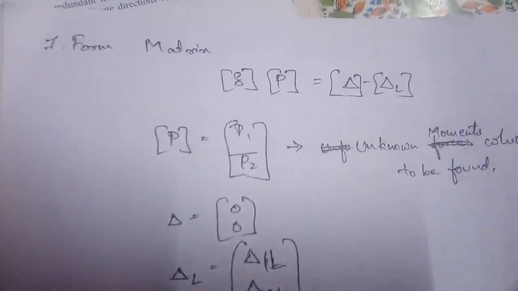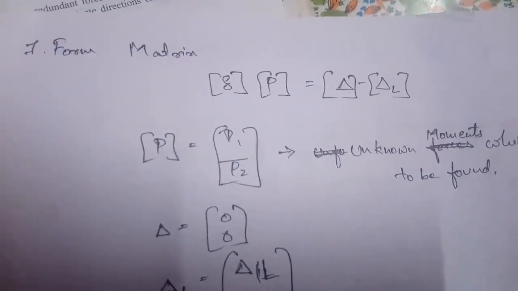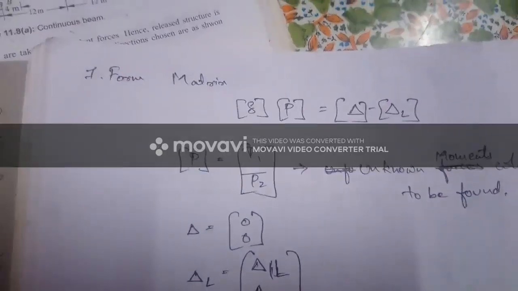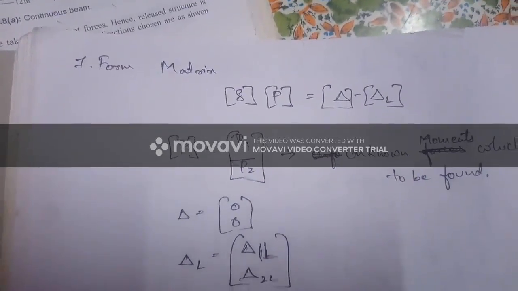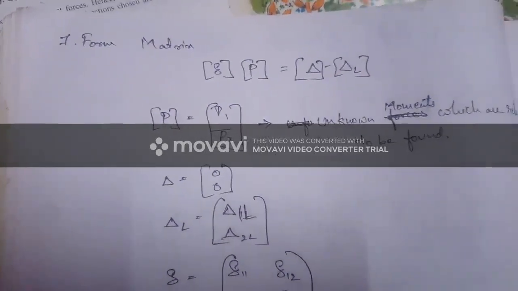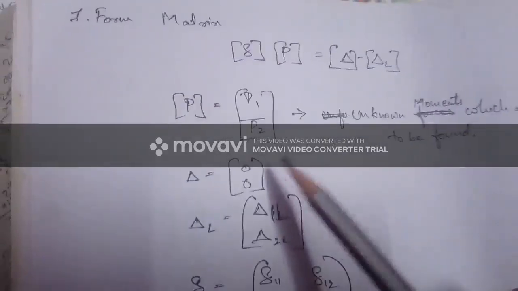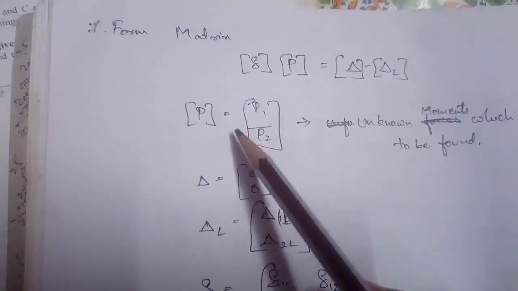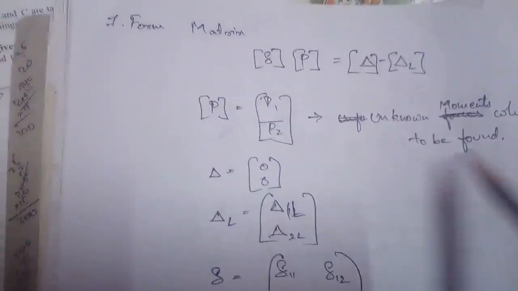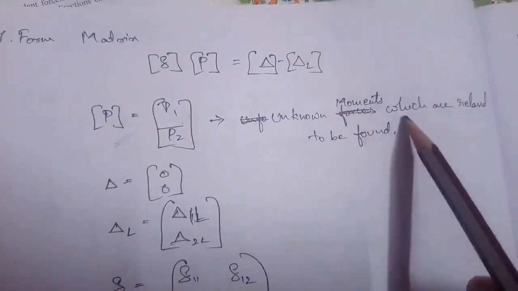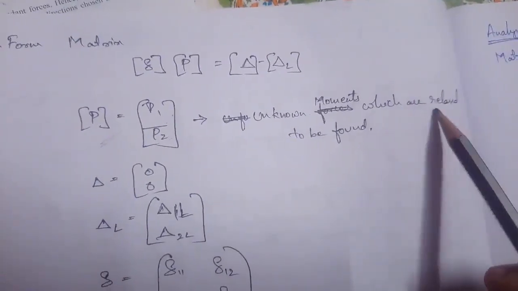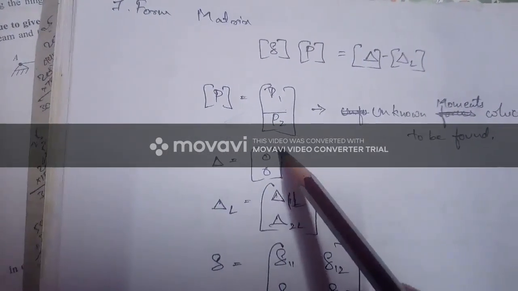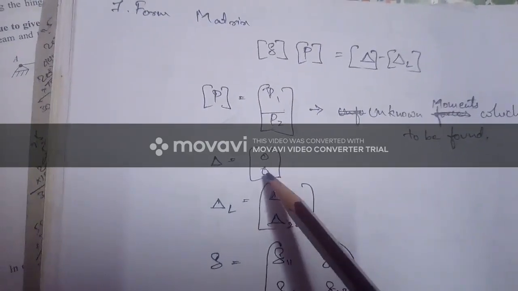So this is a matrix form: delta matrix into P matrix, equals capital delta minus delta L, where P is a matrix for which we have released two forces, right? The values of these two forces we are going to find out using this matrix P, which are the unknown moments or forces which are released. And delta is the matrix which is considered as 0.